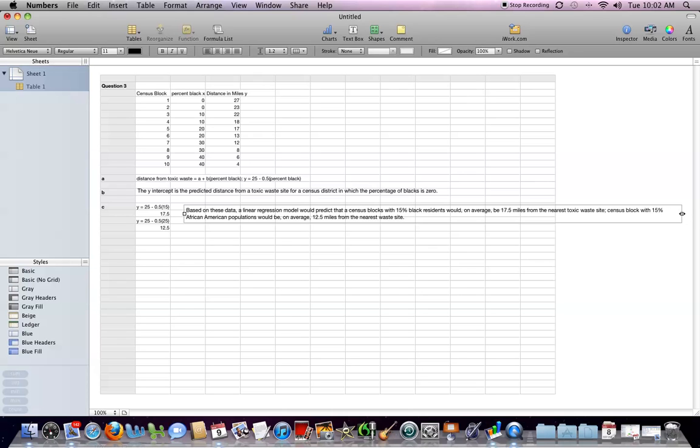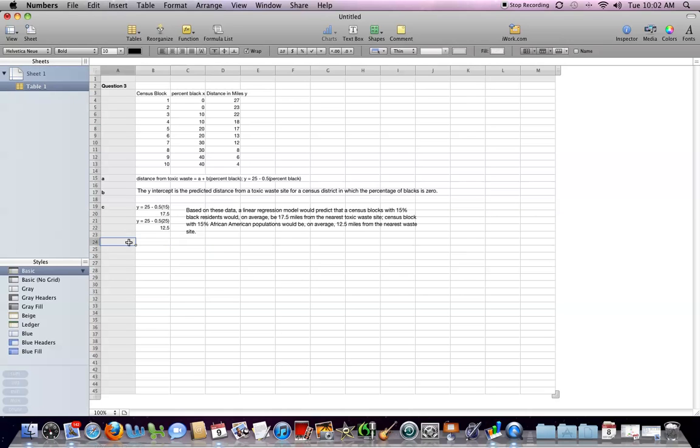And let me see if I can make that look a little bit better. Okay. That's C. And then D, the adjusted R-square.